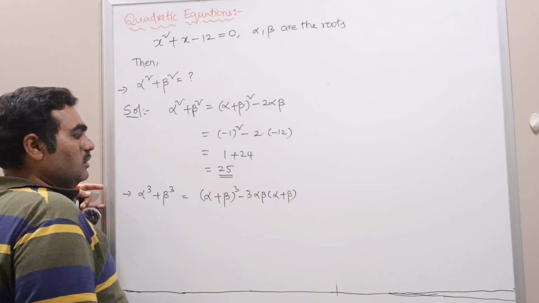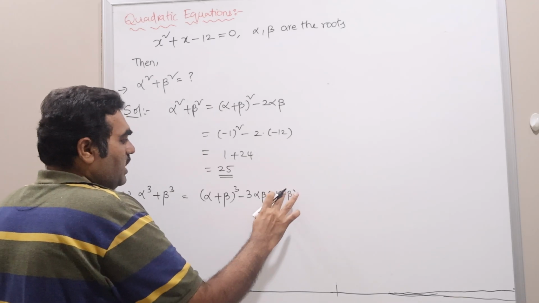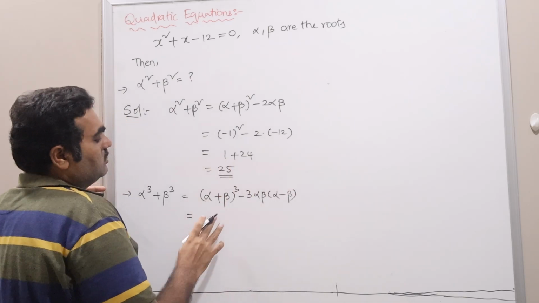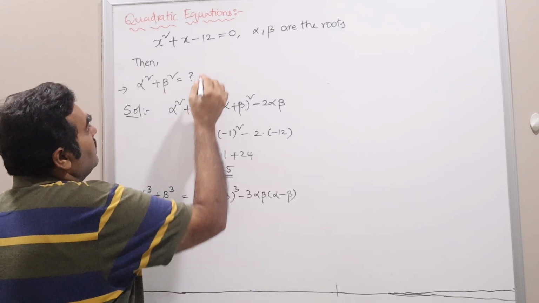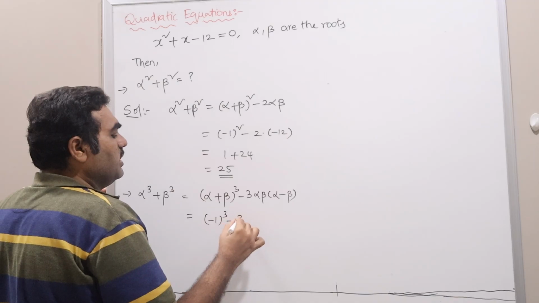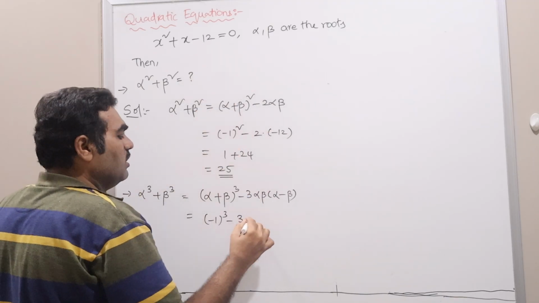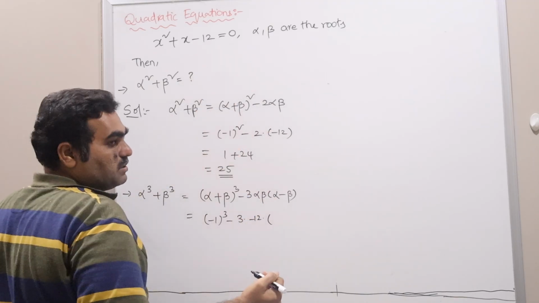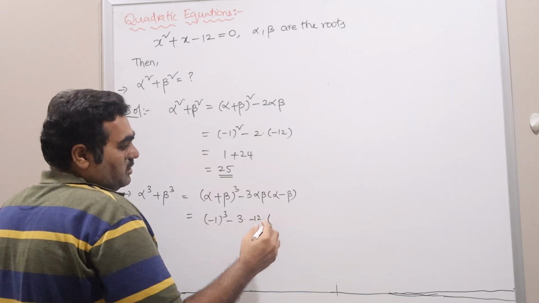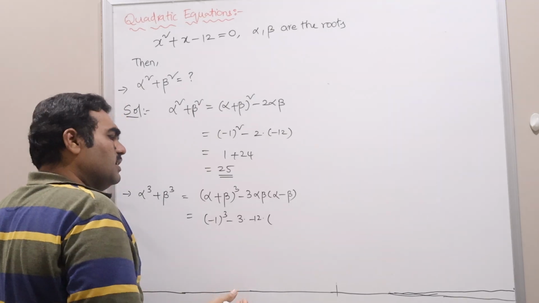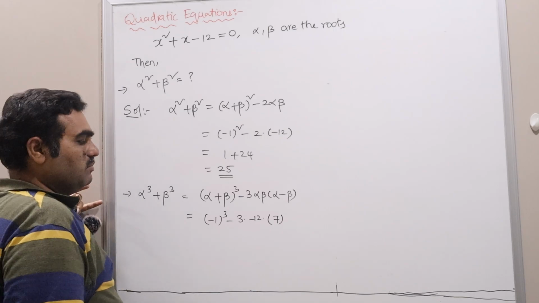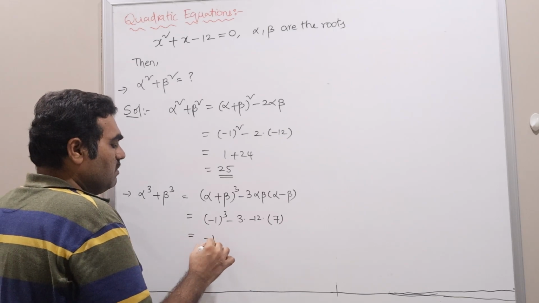Now you can apply it here. Alpha plus beta is given as minus 1, whole cube, minus 3 into alpha beta, which you can get from here, minus 12, and alpha minus beta we calculated a few minutes ago, which is plus or minus 7. Let us take the positive quantity 7.